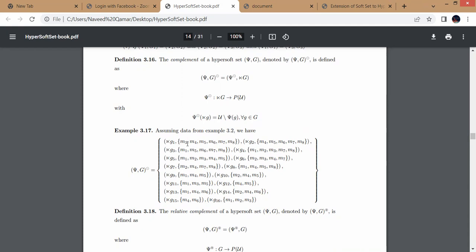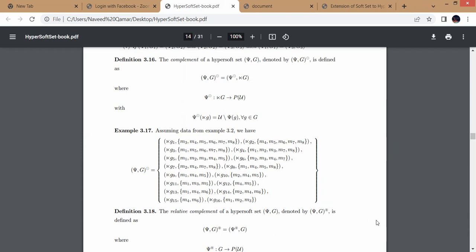So out of 8 mobiles, if we subtract or vanish these 2 mobiles from it, then the remaining 6 mobiles are M3, M4, M5, M6, M7, and M8. So now G2, we know from example number 3.2, G2 elements. So not G2 elements will be elements besides those elements in G2. Similarly, up to G16.